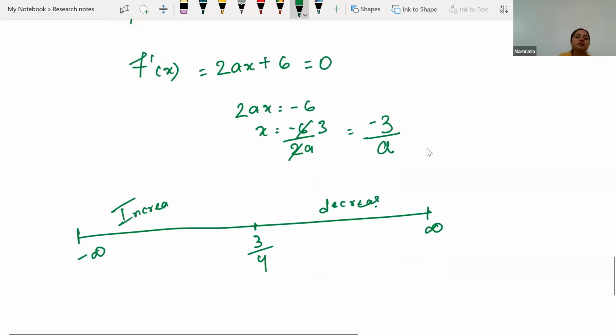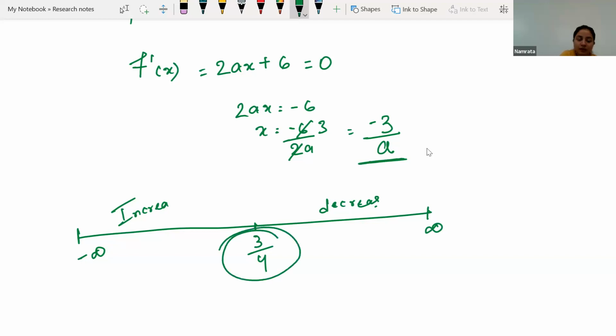When we compare this x value with the critical point mentioned in the interval, are you getting that a will be minus 4? Accordingly, we have got the critical point for the given function. Yes or no?